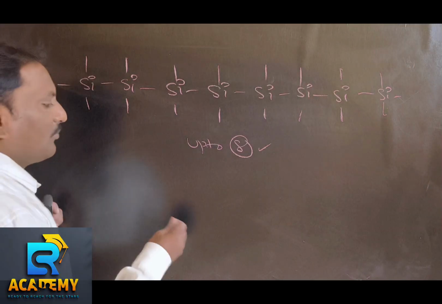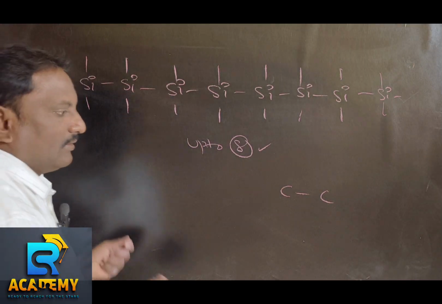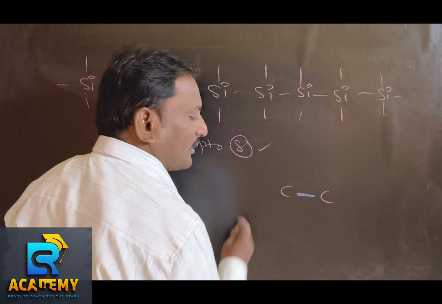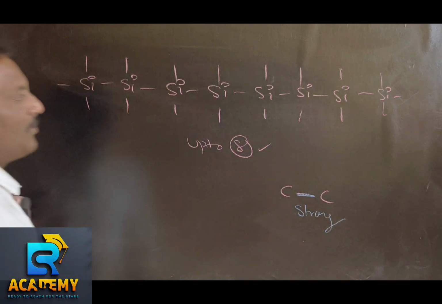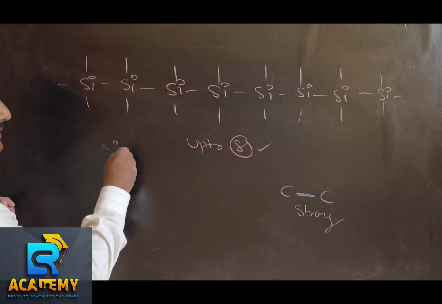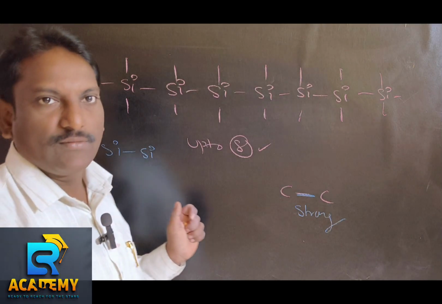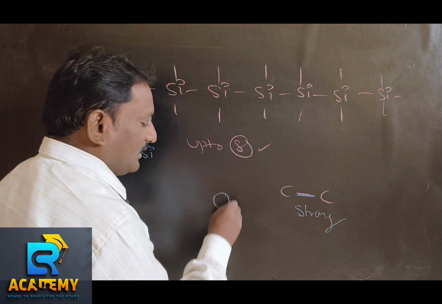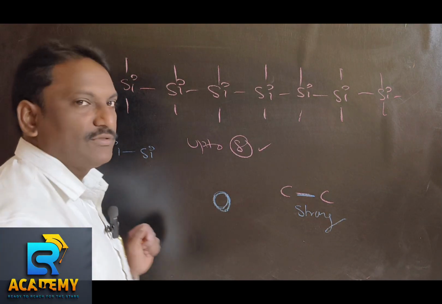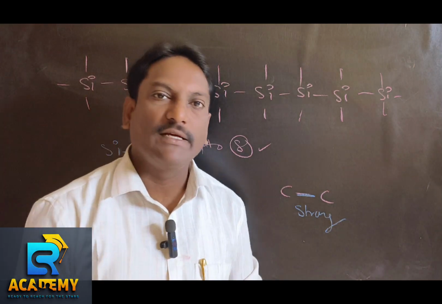Because the bond between carbon and carbon is very strong when compared to the bond between silicon and silicon. The size of the carbon atom is very small when compared to silicon. As size decreases, the strength of the covalent bond increases.